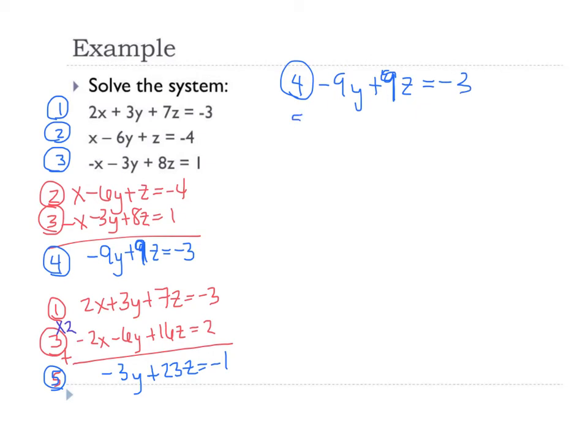I have to apologize, I lost my good stylus, so you're having to put up with my old one here. I need to eliminate something. Let's eliminate the y's. So we multiply the second one by -3.